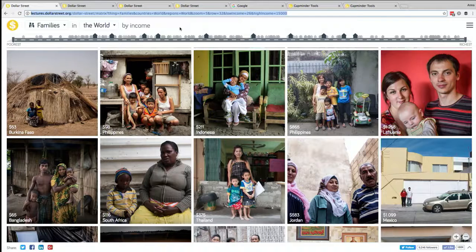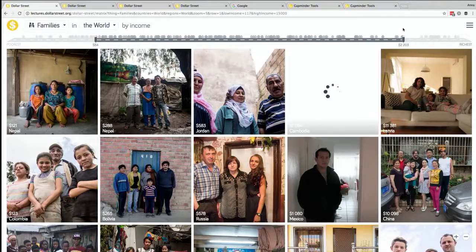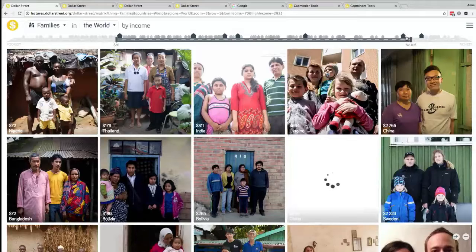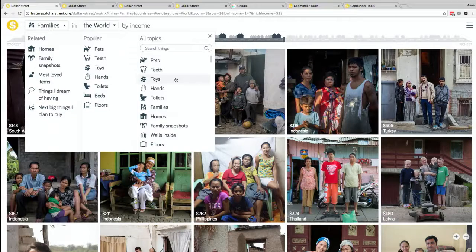So what we do here, we see the families. You see on top the street again. You remember I said the Swedish students, they think that they live in the middle. So what we can do then is filter and just look at the middle of the street like this. And then we can go and see, for instance, what do the beds look like?